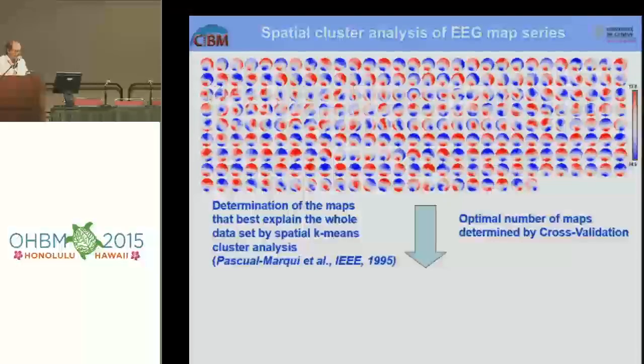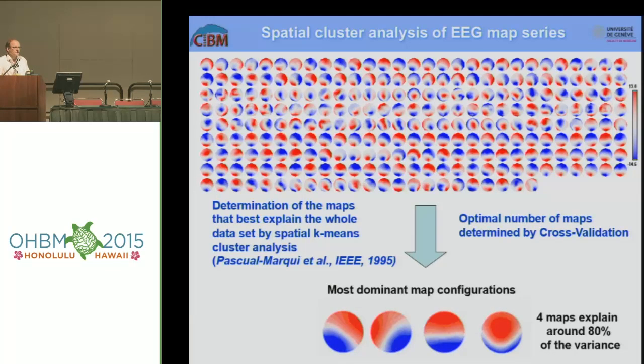So what we proposed in the 90s is to use exactly the same as for the evoked potentials, namely a k-means cluster analysis, using cross-validation to determine the optimal number of maps, but now to describe your spontaneous EEG, to describe the most dominant topographies that are present in this spontaneous activity.